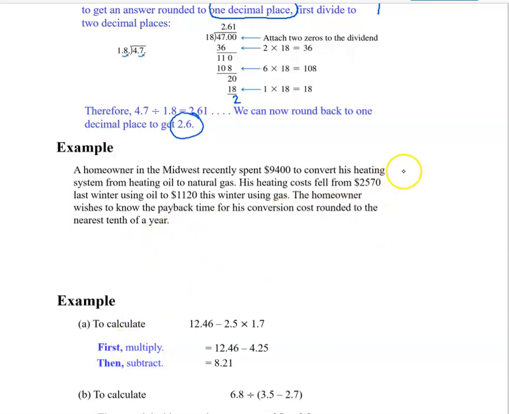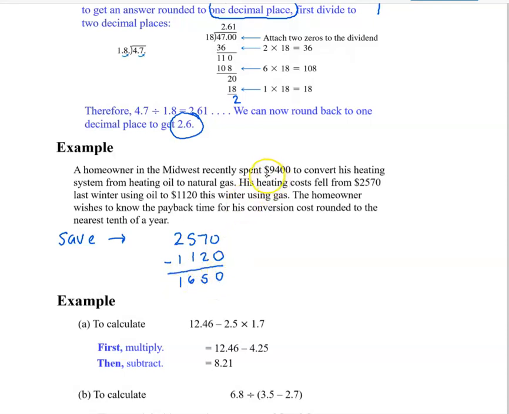The first thing I would do is figure out, well, what is he actually saving per year? So it looks like he was paying $2,570, and now he's only paying $1,120. So he is saving $1,650 per year.